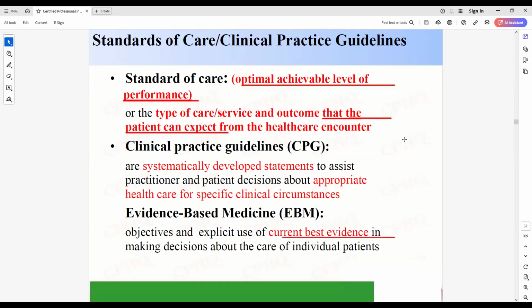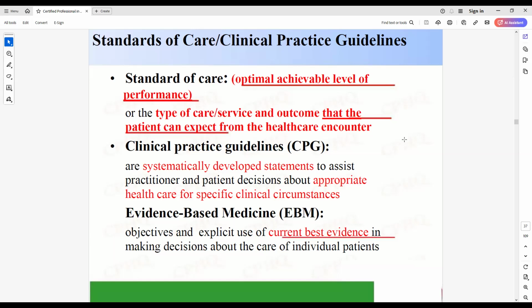Exactly. So clinical practice guidelines, one of the major things in a clinical practice guideline, for example, I cannot expect that a hospital that has robotic surgery will have similar clinical practice guidelines to a hospital that doesn't, because your practice depends on the resources that you have and on the type of evidence you're using. Also, the clinical practice guidelines are usually based on evidence that's available and published.